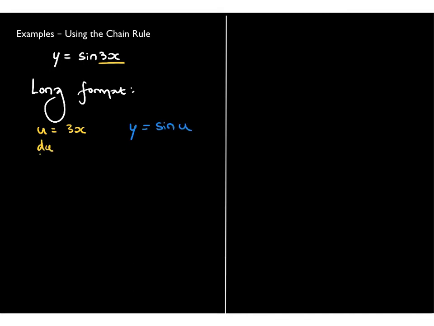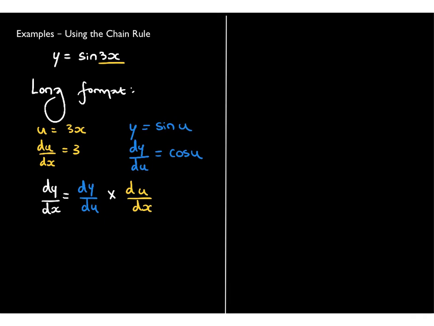What is du by dx? It is 3. And what is dy by du? It is cos u, as we now know from our work in first principles. Remember the chain rule? dy by dx is equal to dy by du multiplied by du by dx.